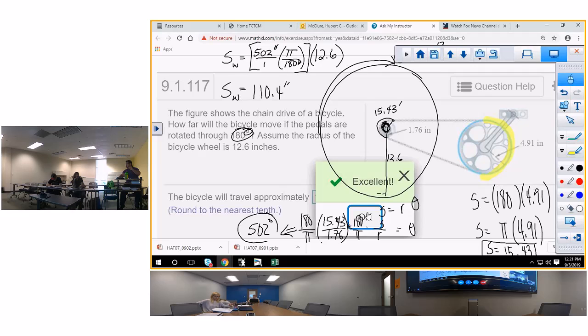So you just used 502? Oh, I left the decimal. You left the decimal. Okay, write that down. She left the decimal at the 502, she left it in the calculator. What was it, 502 point what? 1402. You want to leave that in the calculator and multiply that instead of 502, because she got it right, 110.4.